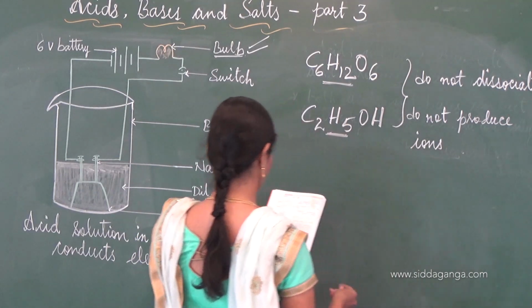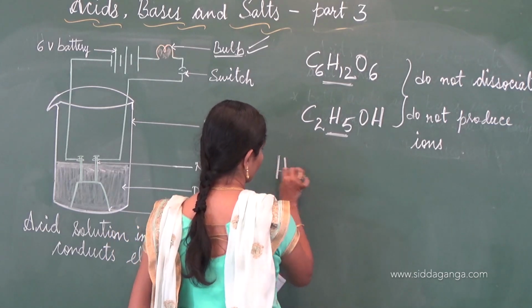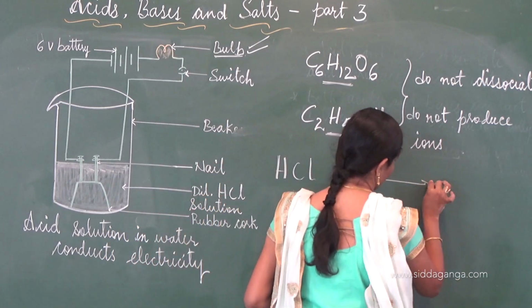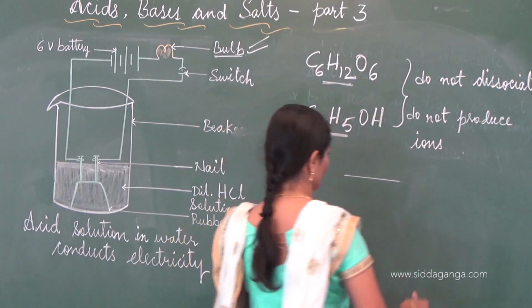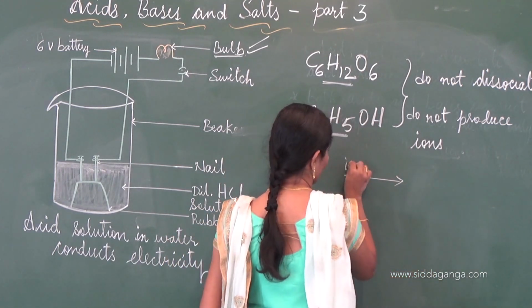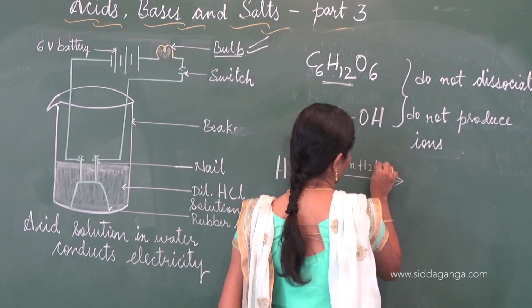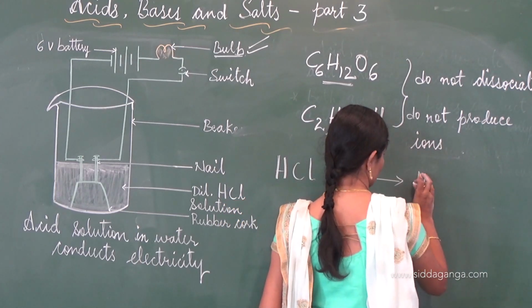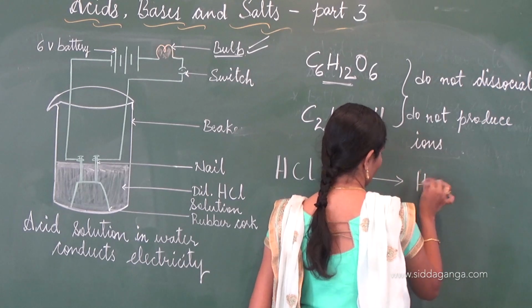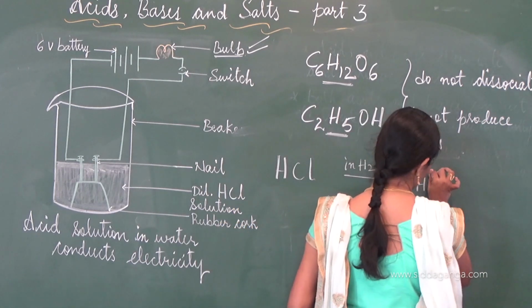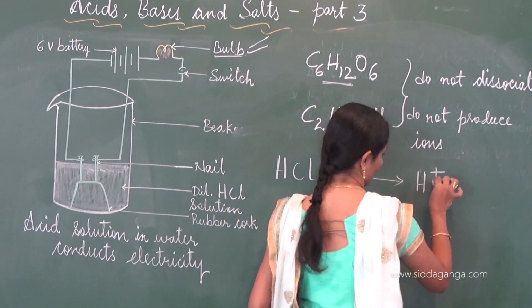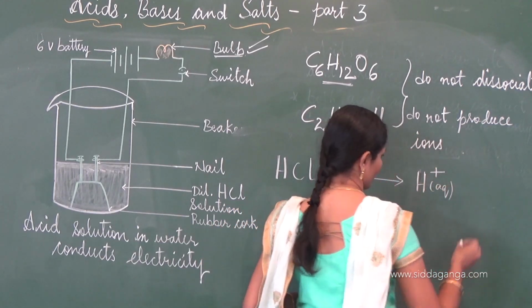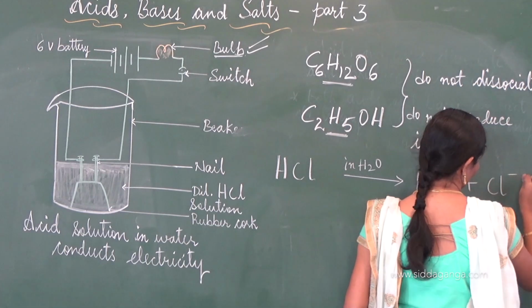What we did was, with HCl, it underwent dissociation. HCl in water gives H plus plus Cl minus. This seems to be somewhat a rough equation in order to understand how ions are formed.